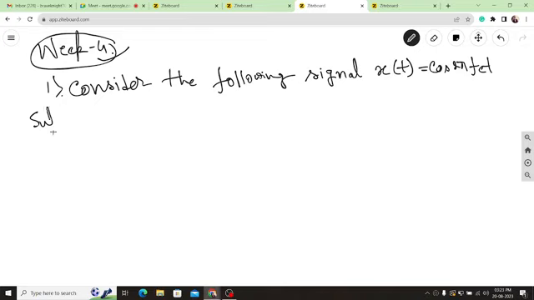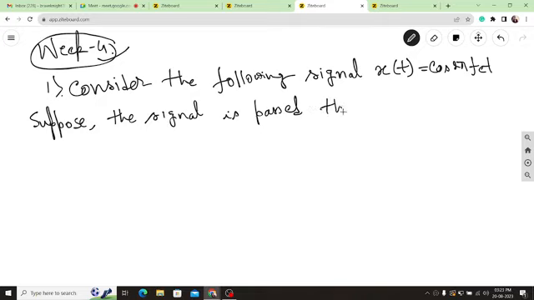Then suppose the signal is passed through a multiplier, and the multiplier is not perfect. So this is passed through an imperfect multiplier.